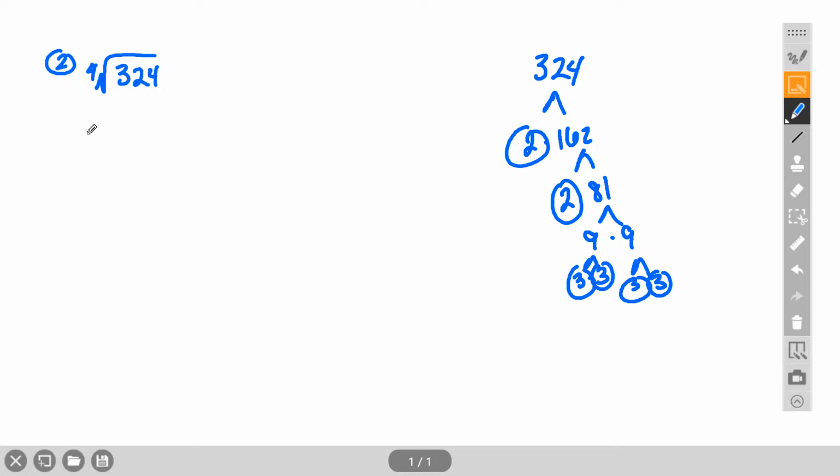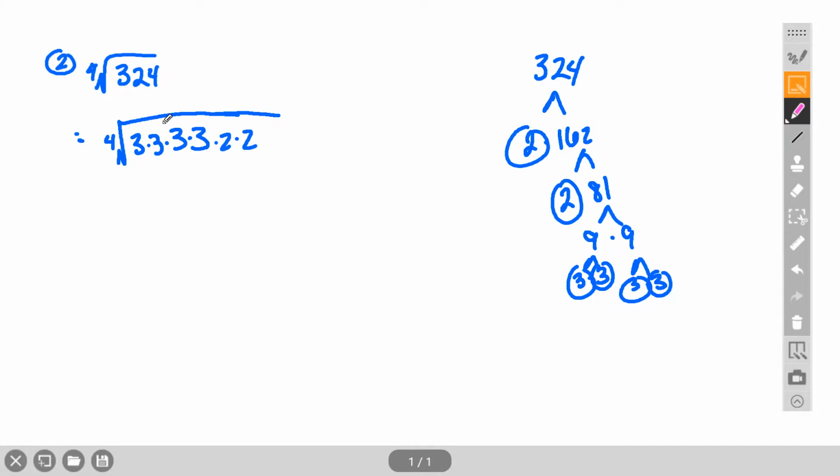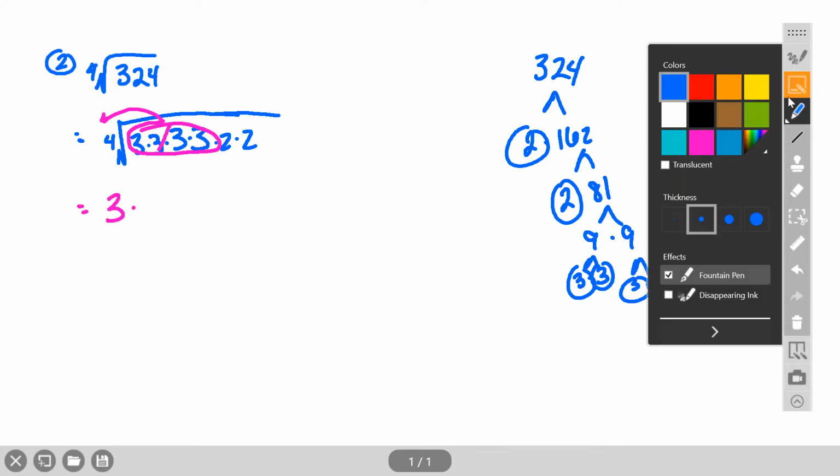Okay, so I can rewrite this as the fourth root of 3 times 3 times 3 times 3 times 2 times 2. Since the index is 4, I'm looking for a group of 4. So there's 4 3's that I can bring to the outside. So I'll bring 3 to the outside.